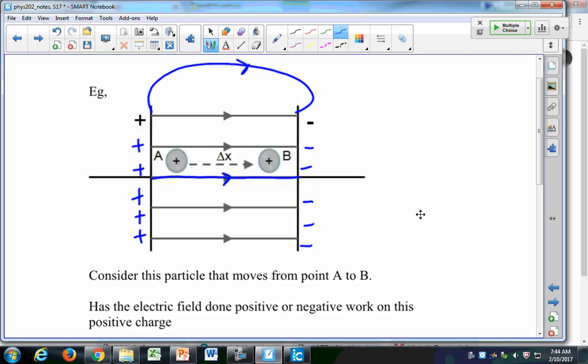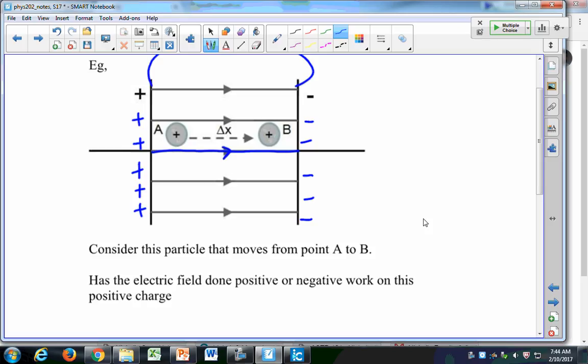All right, so I'm going to think about a particle that moves from point A to point B. And then also one other thing, I'm going to go ahead and throw out these terms. I'm going to call this the high potential side. I'm going to call this the low potential side. That'll help you cement those terms in your mind, because it'll come up again later.